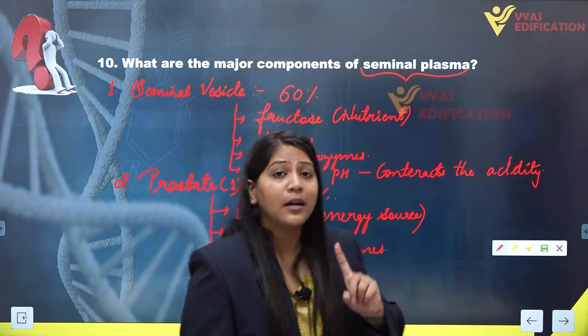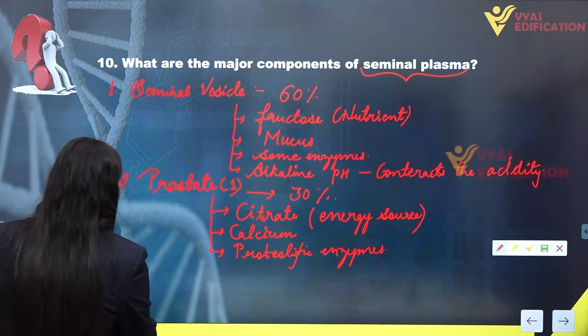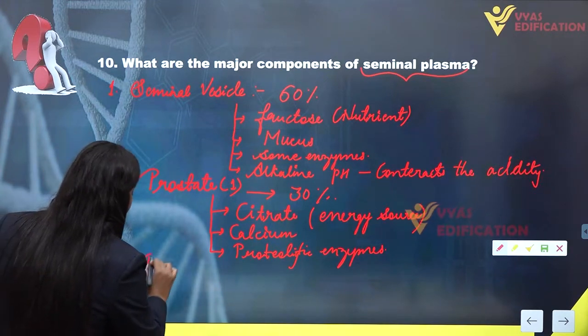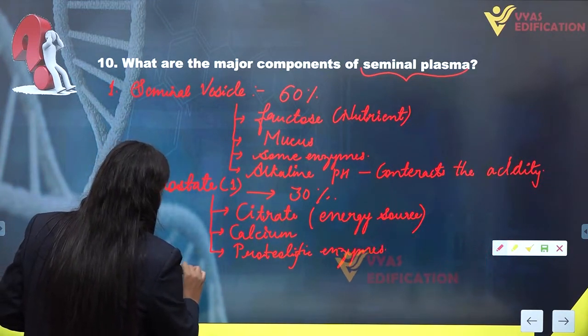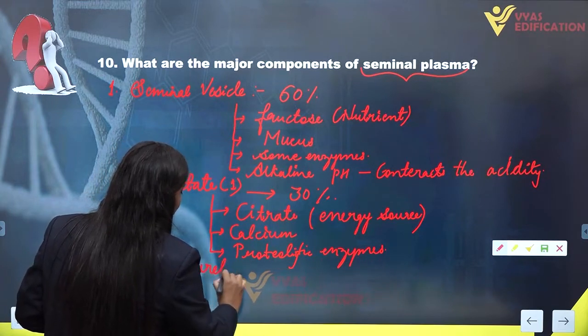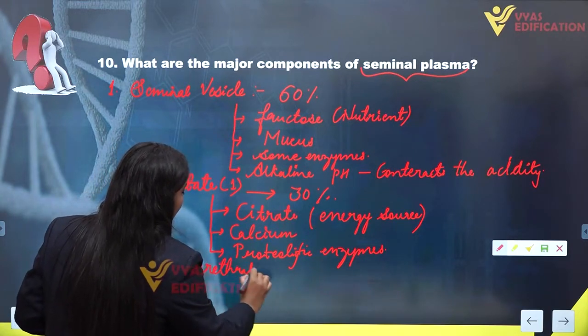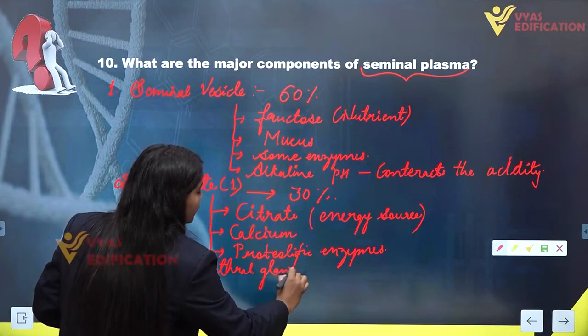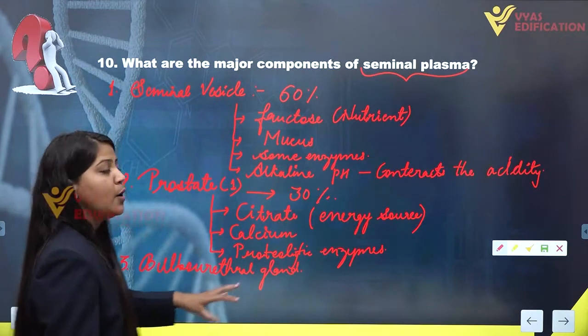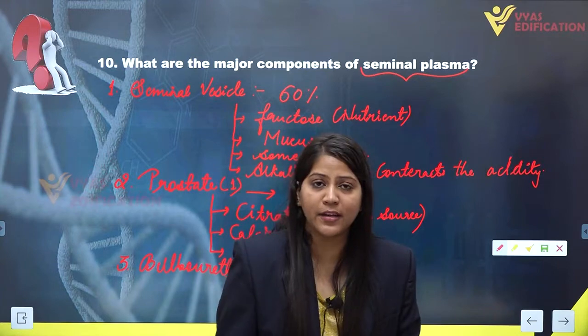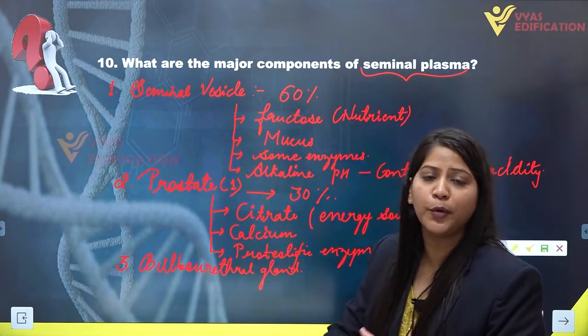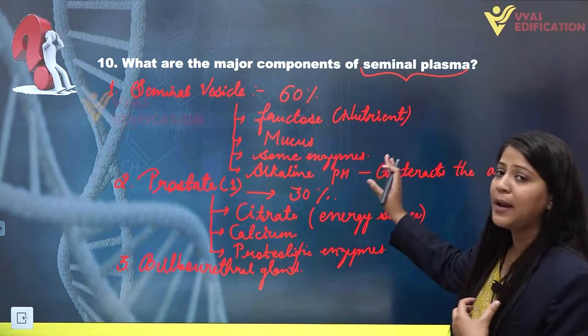The third accessory gland in the male reproductive system we have is bulbourethral gland. Actually, this bulbourethral gland provides alkaline pH. This gland does not contribute much to the seminal plasma.